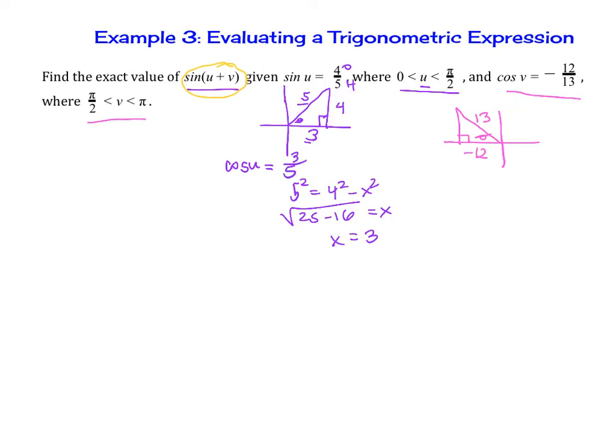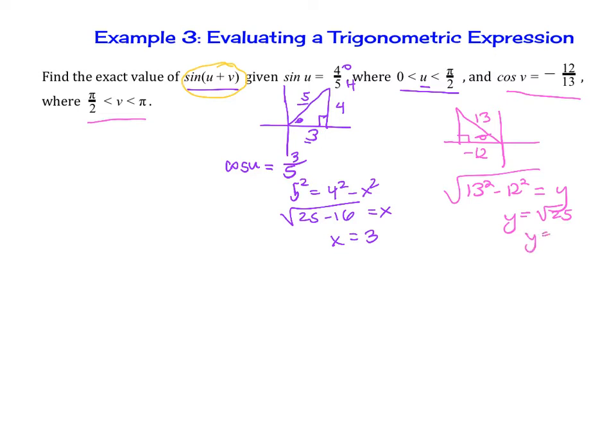So let's figure out cosine of v equals negative 12 over 13. So we need to find our y value. So this is 13 squared minus 12 squared equals, let's just say, our y value squared. So y equals the square root of 169 minus 144.